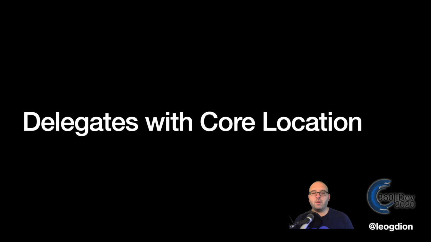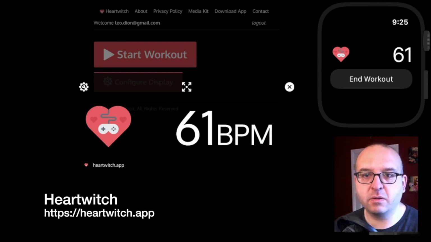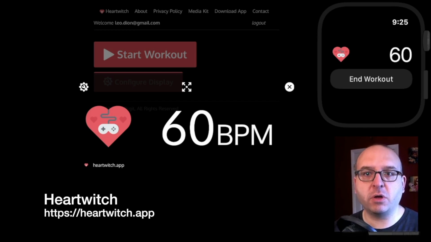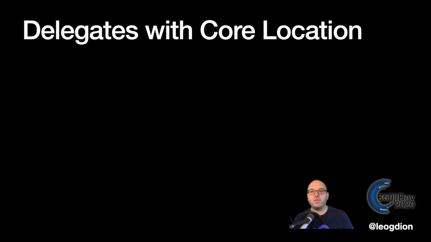This is actually a pretty useful pattern that you'll probably be using in a lot of other Objective-C based APIs. Recently, I've used this in my app Heart Twitch, which is a live streaming HealthKit Apple Watch app to live stream your heart rate as you are playing games or doing presentations.